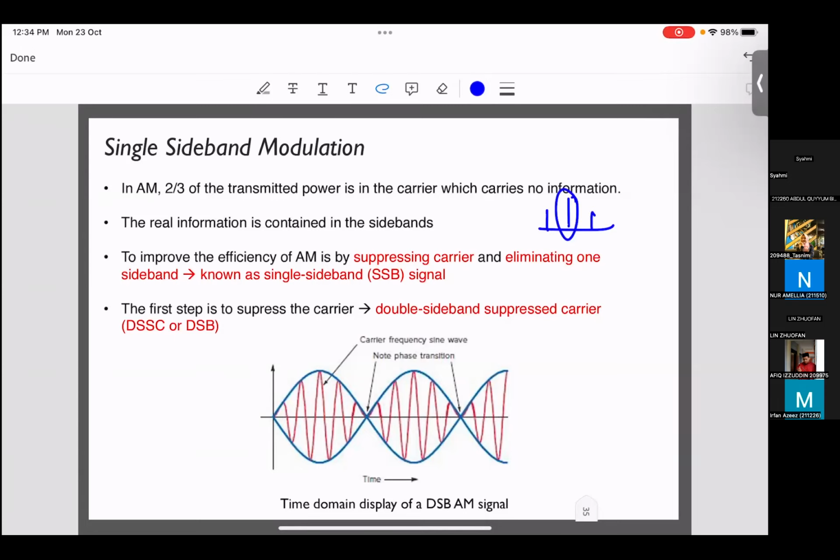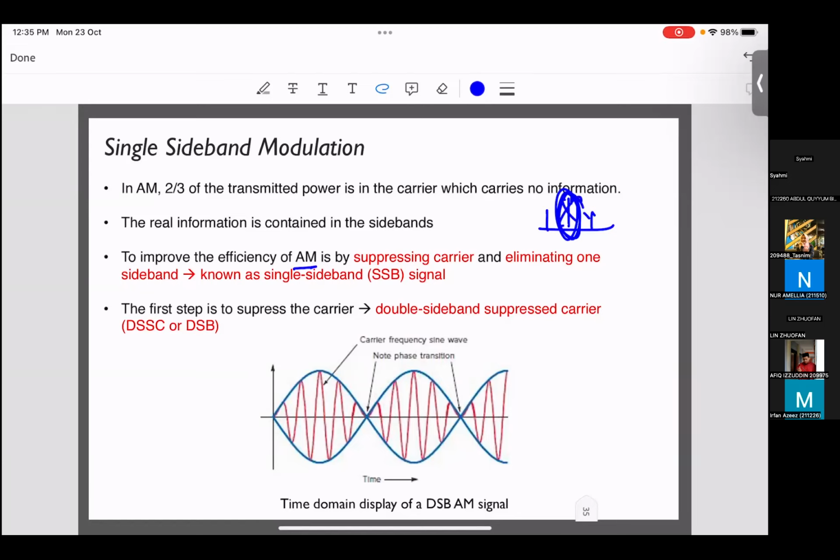The real information is contained in the sidebands. The carrier does not contain information unless it is modulated. But basically you are wasting power just to make the carrier exist. So to improve the efficiency of AM, we suppress the carrier and eliminate one sideband.